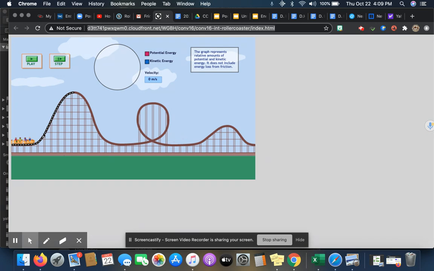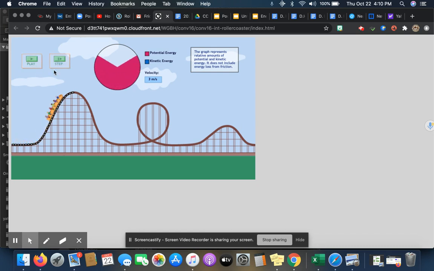Now I have my little roller coaster here. It's got a little loop-de-loop, and so on. I have a play button, so if I press it, my roller coaster will go. As my roller coaster is moving, my pie chart, which we learned about earlier, is showing me the amount of kinetic and potential energy at that precise point. You see how my pie chart goes from pink to blue, back to pink and blue.